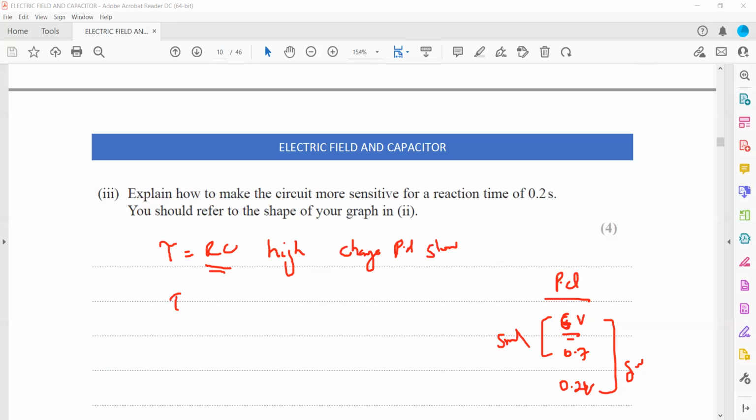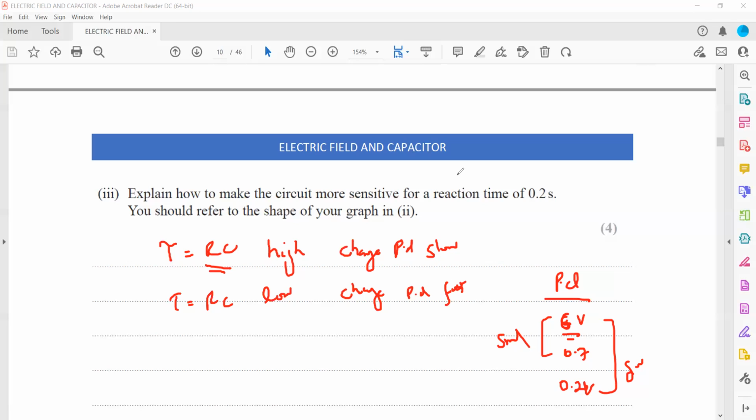And if the value of RC is low, like if we have a small value of RC, then maybe the capacitor will discharge completely, and the student is not able to change the position of the switch.